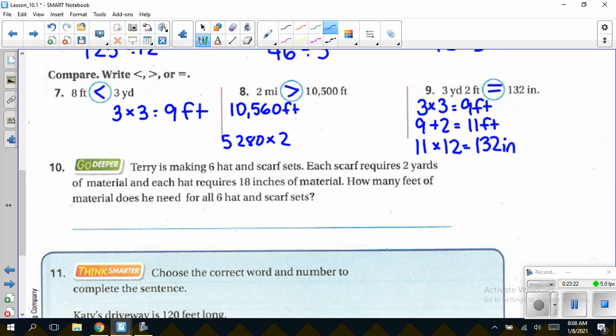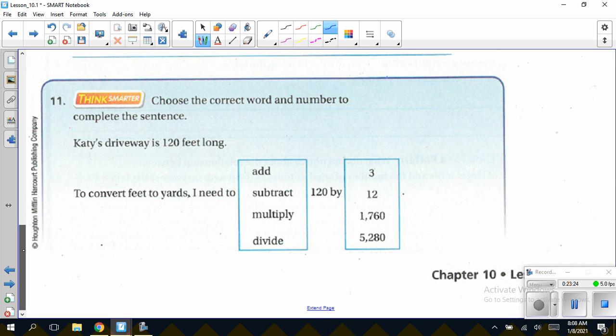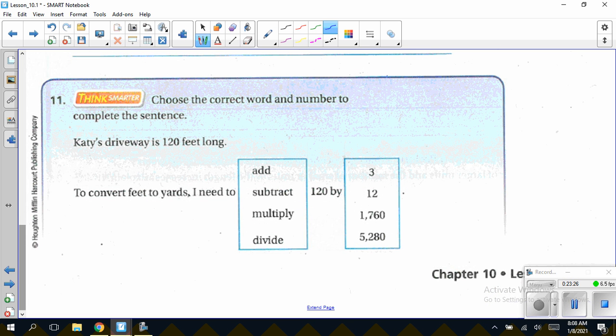Moving on, I'm just going to go down to question number 11 because this is similar to a test question that you will have when we take the Chapter 10 test. It says, choose the correct word and number to complete the sentence. Katie's driveway is 120 feet long. To convert feet to yards, so again, we're going from feet to yards, so I have fly to horse.